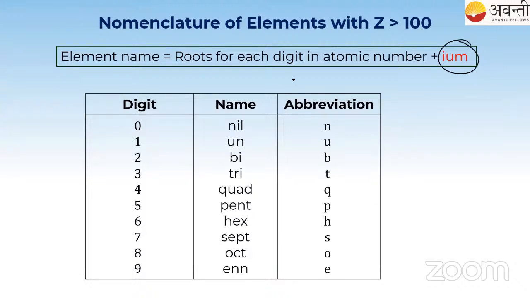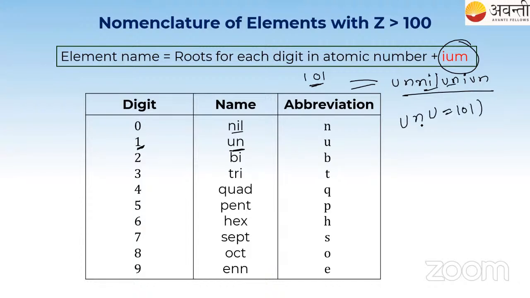Suppose I want the IUPAC name for 101. 1 is un, 0 is nil, and 1 again is un, plus ium: unnilunium. That is 101. And the shortcut? Un means U, nil means N, and un again means U. So Unu is 101.